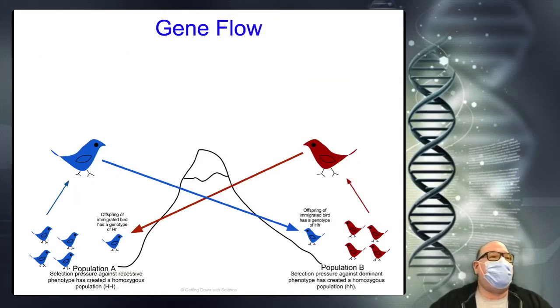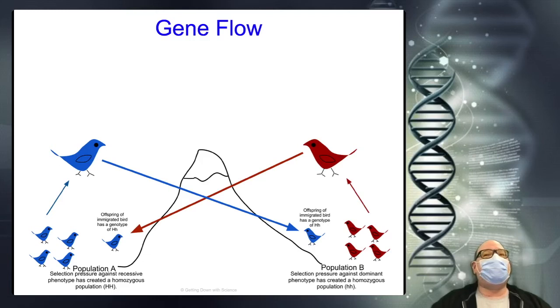The third one we're going to look at is gene flow, okay? Here we have 2 populations of birds. They're red and they're blue, and they are on different sides of some geographical boundary. In this case, it's a mountain.